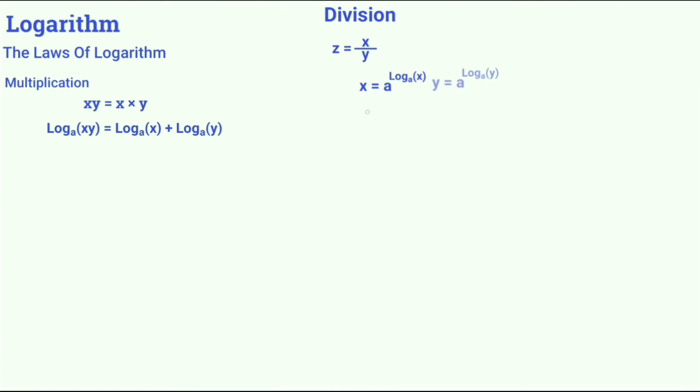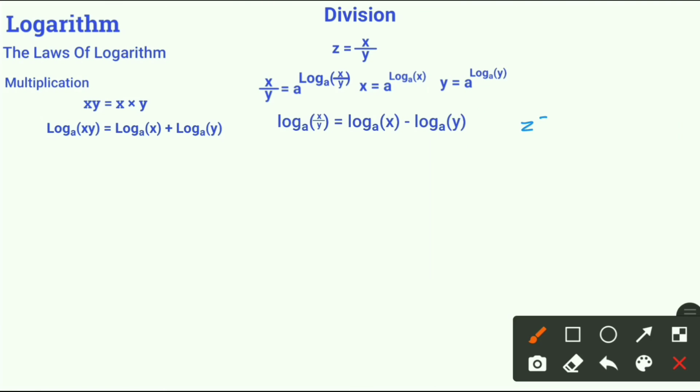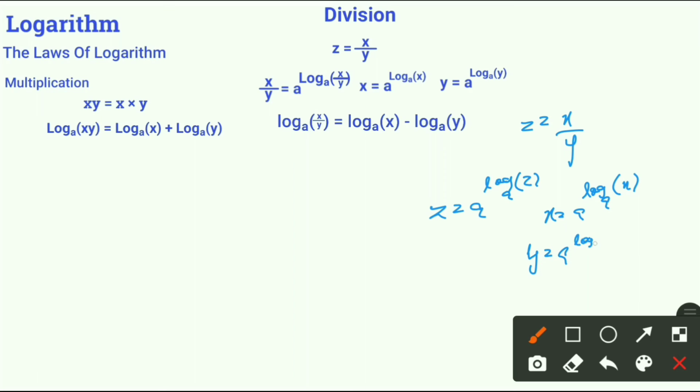Division, same thing. Break it down into z, x, and y, where z is equal to x upon y. Z is equal to a to the power log_a z, x is equal to a to the power log_a x, and y is equal to a to the power log_a y. Since we know that z is equal to x upon y, we change z into x upon y.